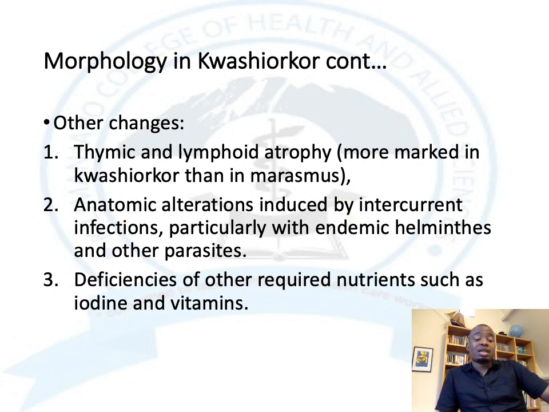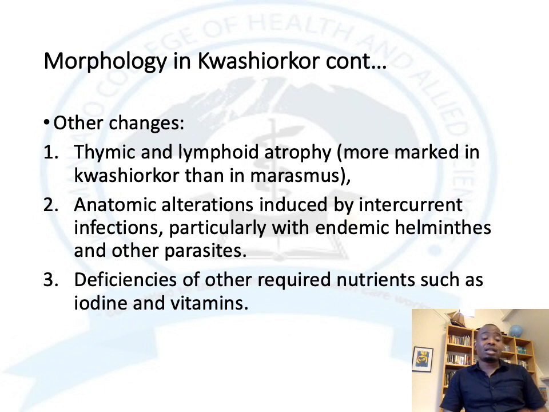Other changes: there is thymic and lymphoid atrophy, more marked in kwashiorkor than in marasmus. If you have thymic and lymphoid atrophy, this may impose a risk of infections, because the thymus is responsible for development of T cells, and lymphoid atrophy may also cause severe infection because this is the place where T cells and B cells meet with antigen presenting cells, e.g. macrophages and dendritic cells, and work together to produce antibodies and memory cells, which keep our body under good immune surveillance.